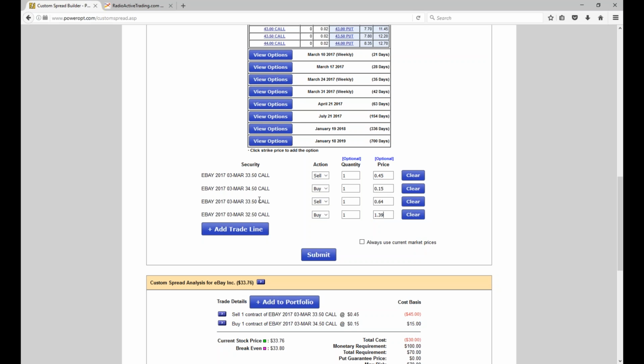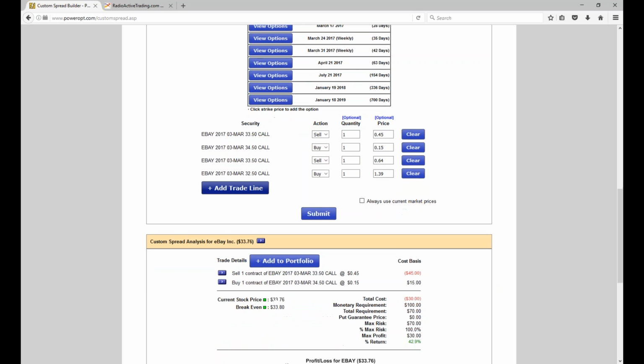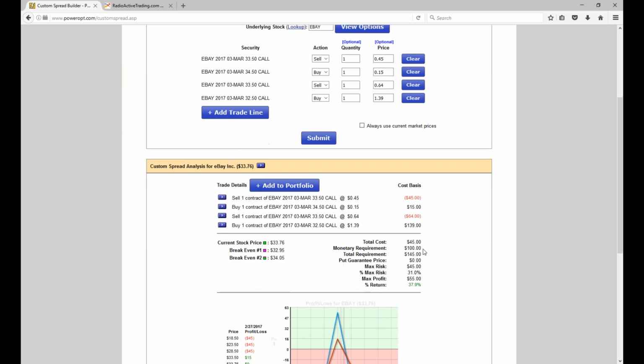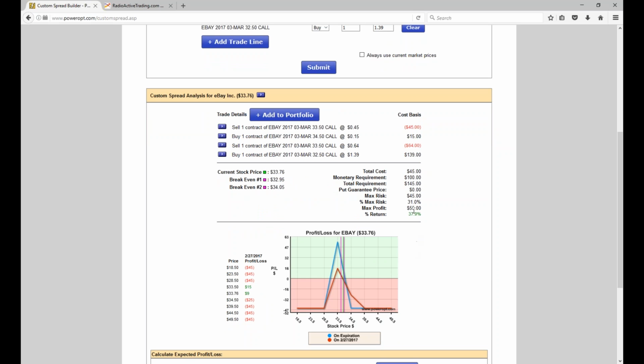Based on the math alone, this would be a reasonable bull call debit. We're essentially going to have a debit of 75 cents for this position between the 64 and the 139 to get $1 back. Our original profit was 30 cents or 42.9%. So now by adding the bull call debit to create the butterfly, we increase our potential return to 55 cents and we boost the break even up to 34.05.